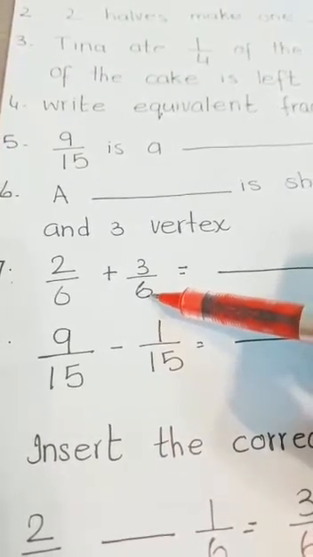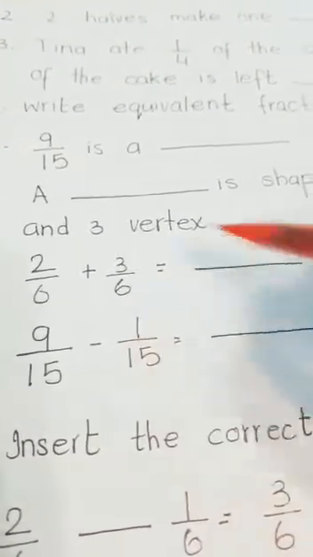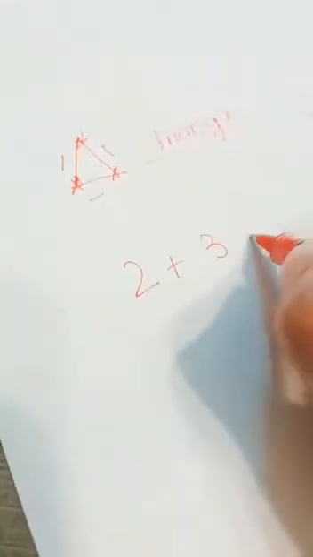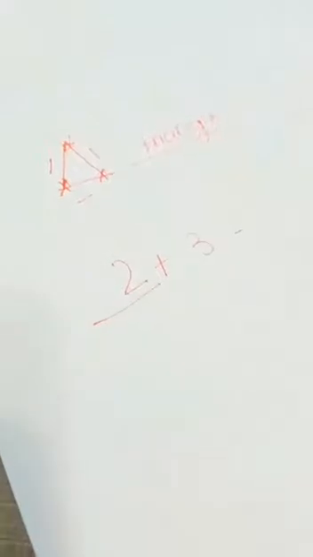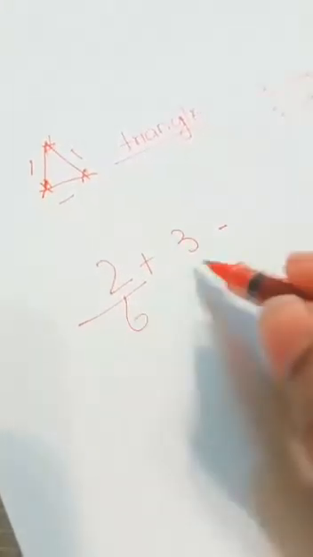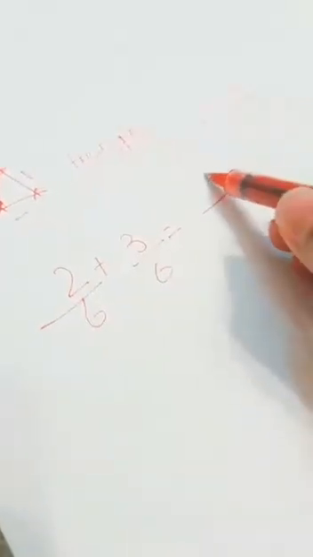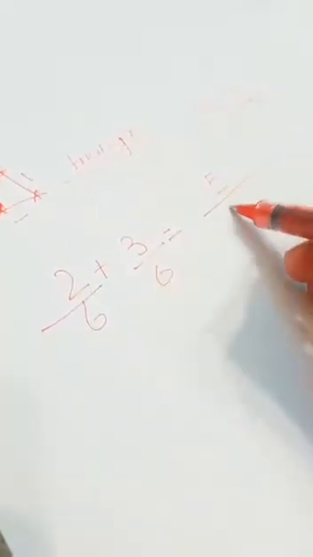So denominators will be the same and we will add just numerators. So that is 2 plus 3/6 is equal to 2 plus 3, obviously 5, and 6 is written the same. So the answer is 5/6.